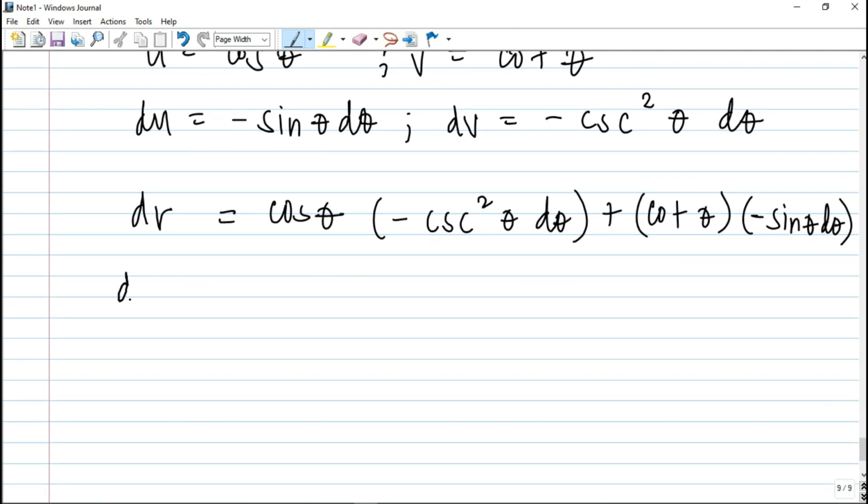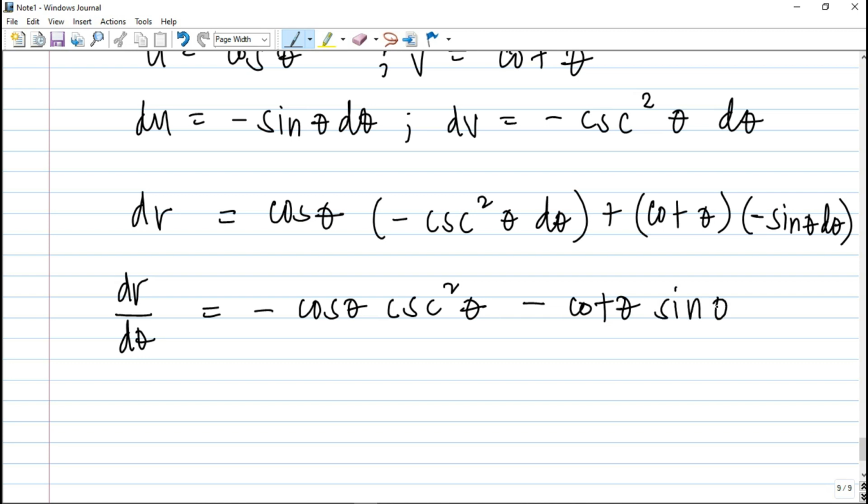So the derivative of r with respect to theta equals, we divide both sides by the derivative of theta. So you have here negative cosine theta cosecant squared theta, minus cotangent theta sine theta. This cotangent theta times sine theta, we can still simplify, guys.